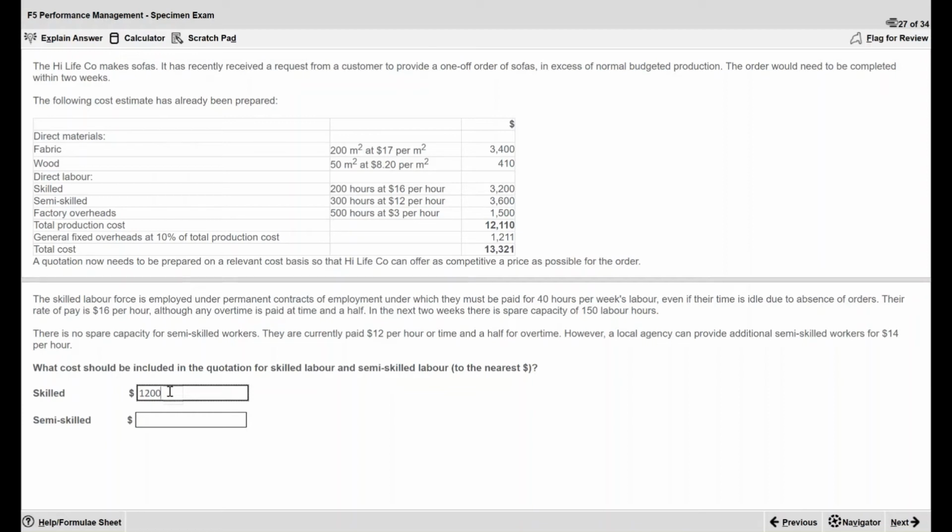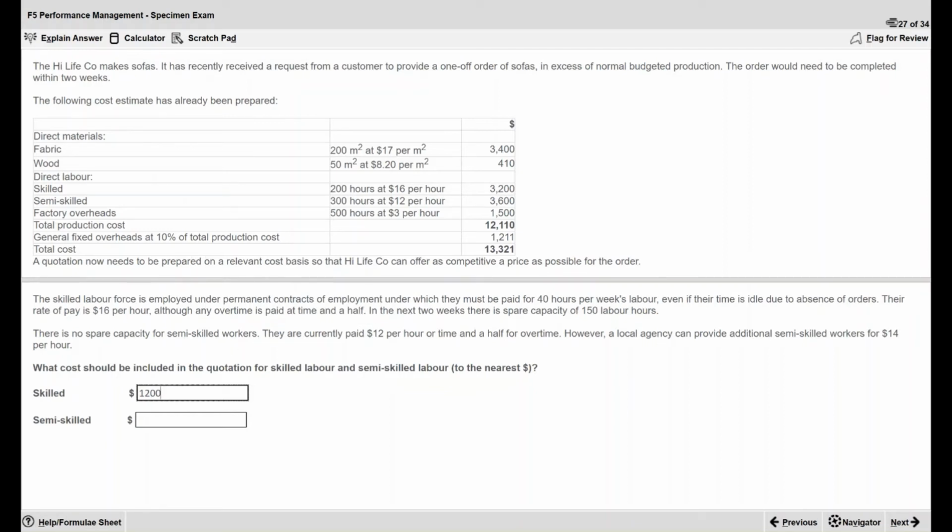Next, semi-skilled labor. There is no spare capacity for semi-skilled labor. They are currently paid 12 per hour or time and a half for overtime. However, a local agency can provide additional semi-skilled workers for 14 per hour.